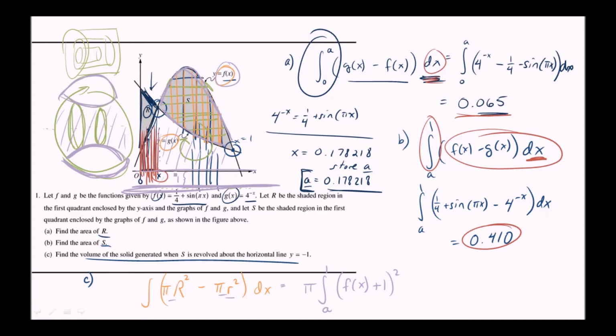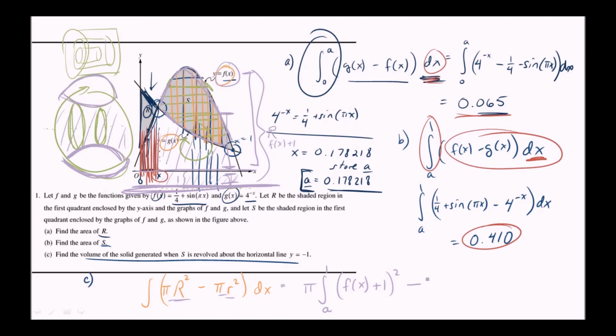However, we have this extra distance, making big R f of x plus 1. It is this distance given by f of x at any point, but we have to add the addition of 1, and then square, as we see here.